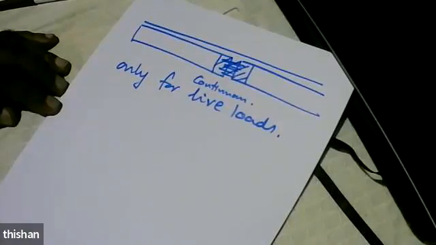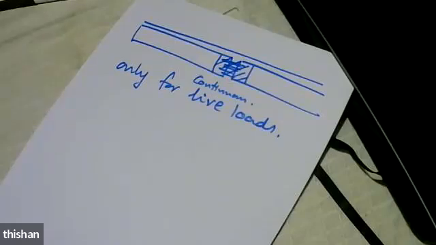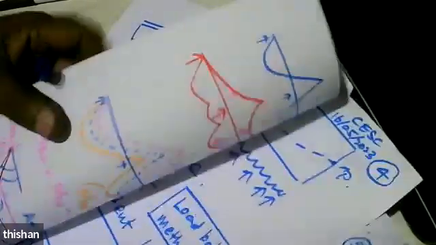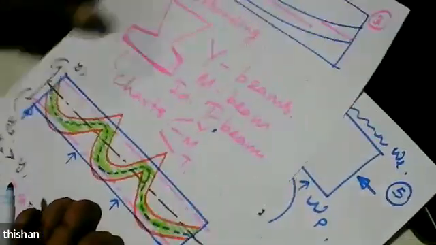Because designing a continuous pre-stressed concrete beam is nearly impossible. You do a set of calculations, spend a lot of time, find a cable profile, find a pre-stressed force that is going to work throughout the length of the beam, and then you fit the cable within the cable profile zone.